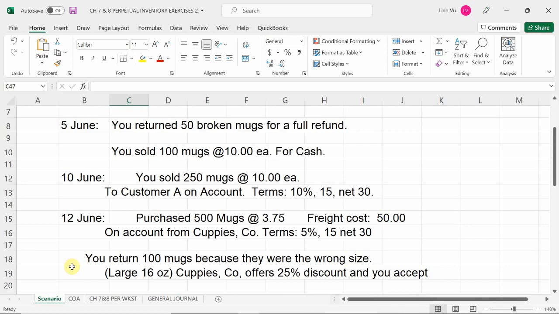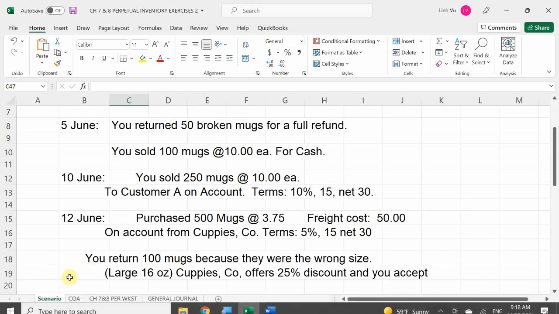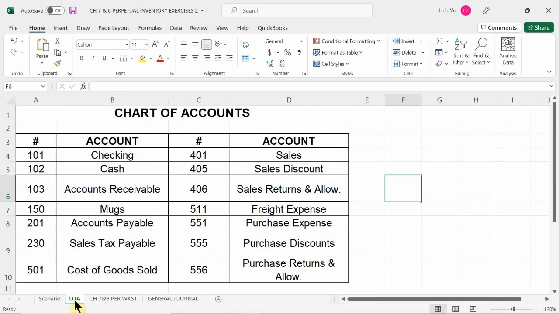So how do we recognize this journal? How are we going to record this? With the account receivable and then sales, the sales tax payable and cost of goods sold.